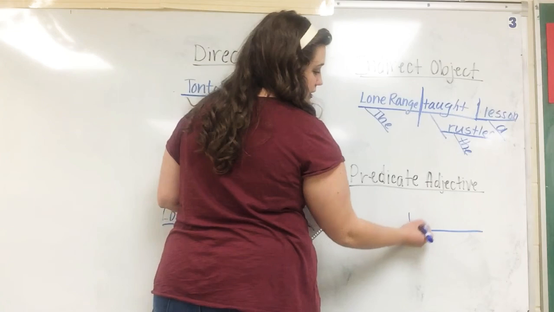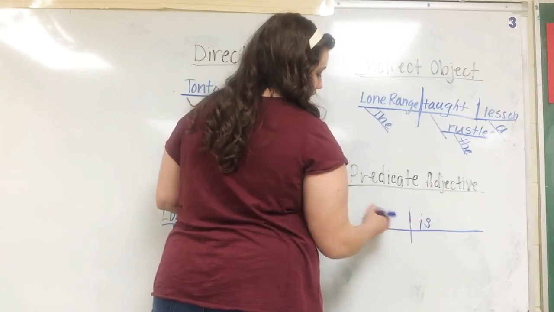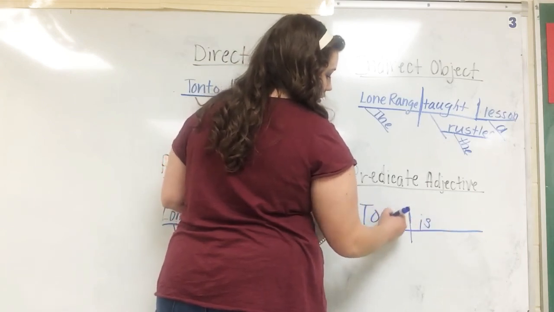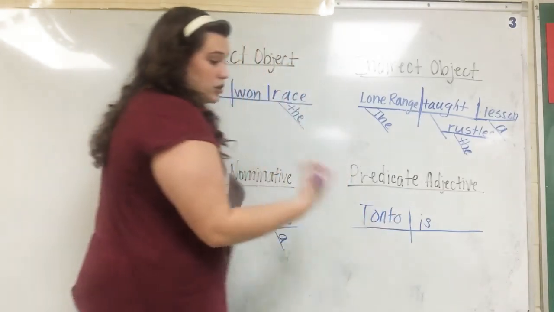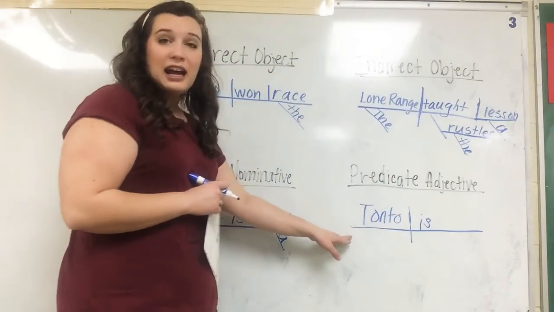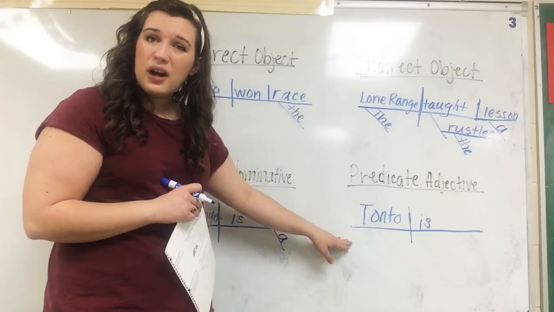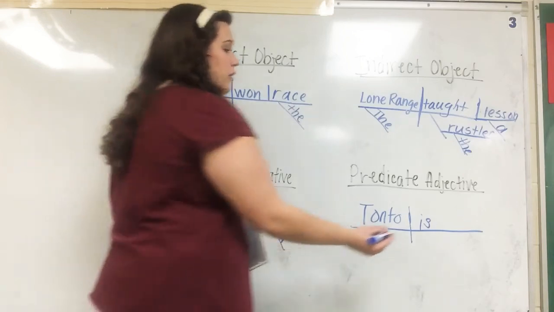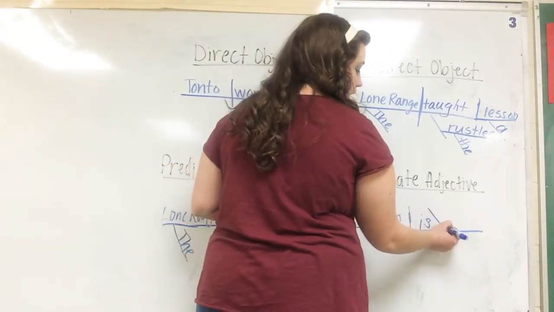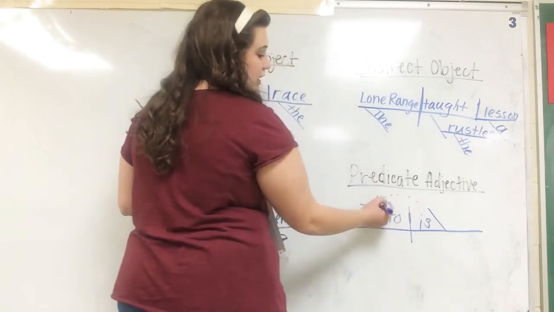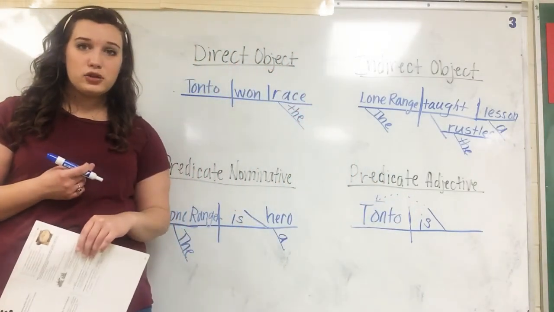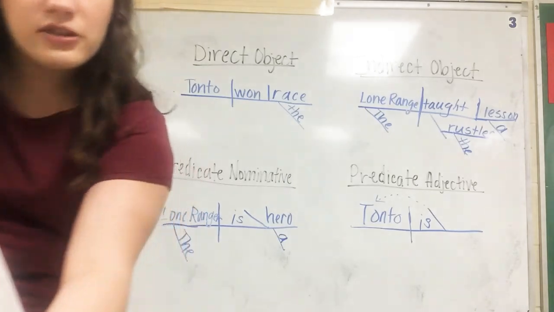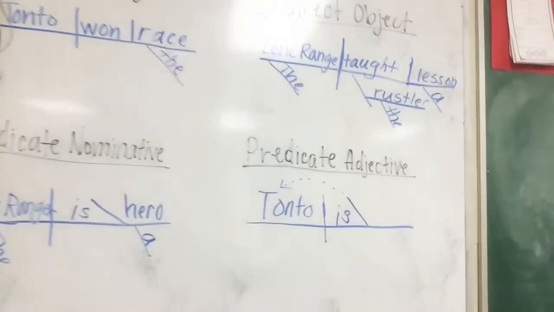So our verb is is, and our subject, Tonto. And the word loyal describes Tonto. It's an adjective of Tonto, but it's in the predicate part. So we can't just drop it down from Tonto. Like your predicate nominative, you're going to draw a slanted line that kind of, if you imagine, it's pointing back towards the subject. Can you see what I mean there?